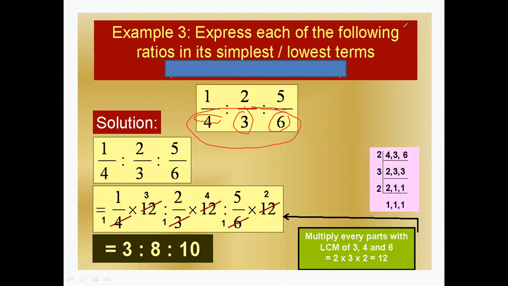In your grade 6 topic, how do you find the LCM, the least common multiple?